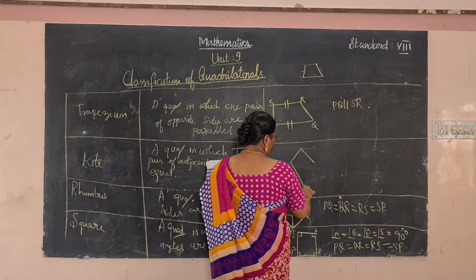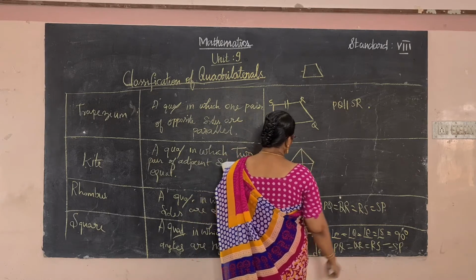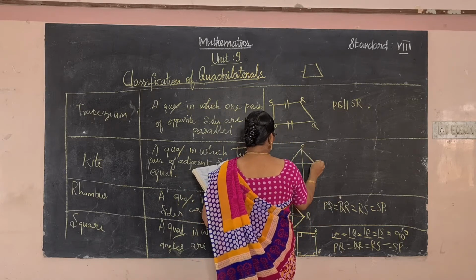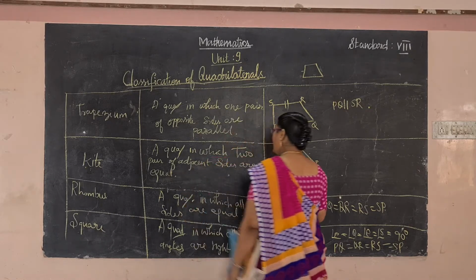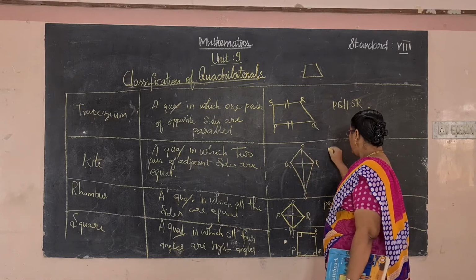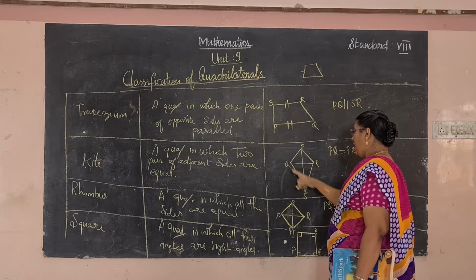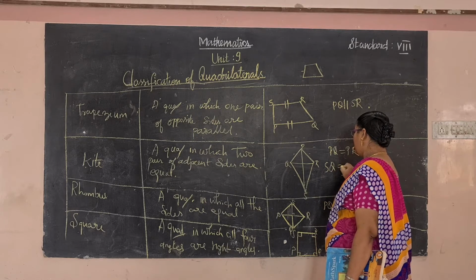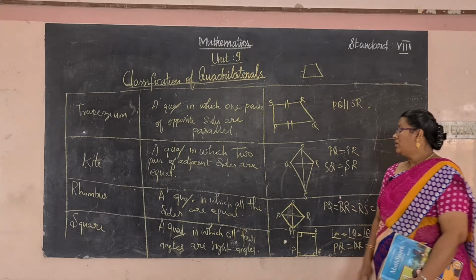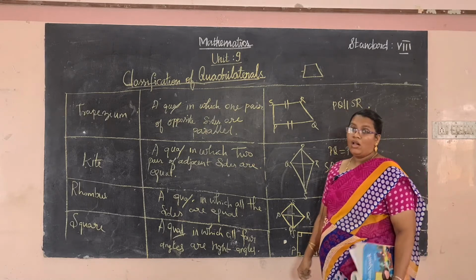It has one long diagonal and another short diagonal. So adjacent sides are equal. What are the pairs here? PQ is equal to PR, and another one, SQ is equal to SR. These are all the adjacent sides, and these adjacent sides are equal.